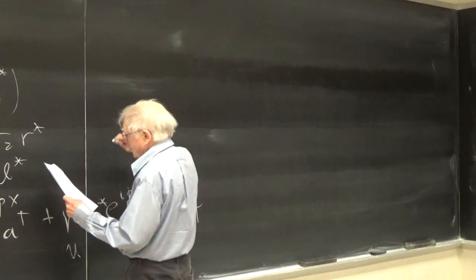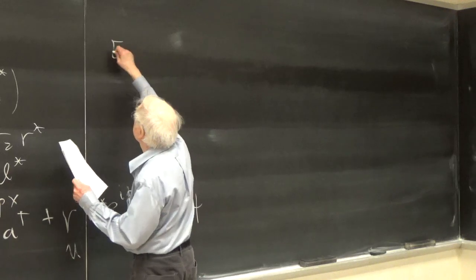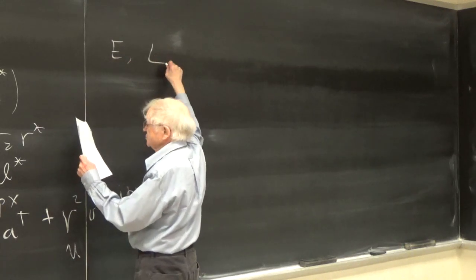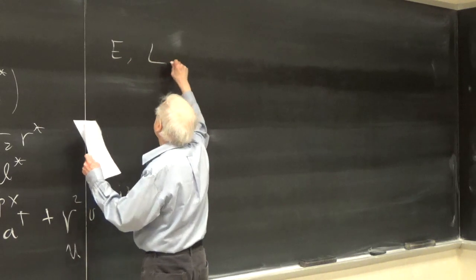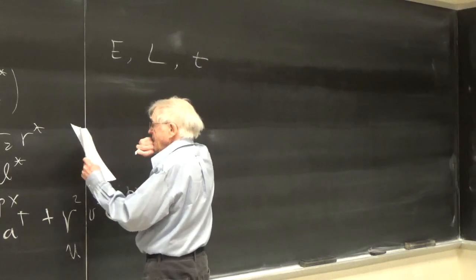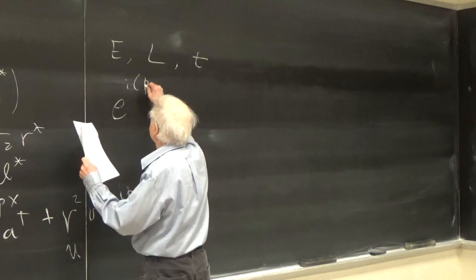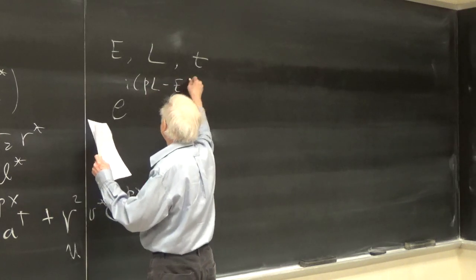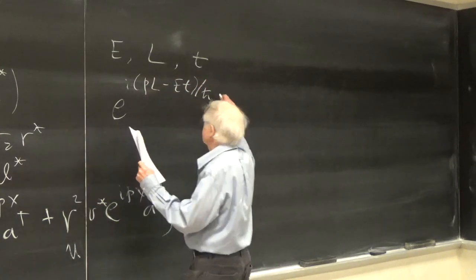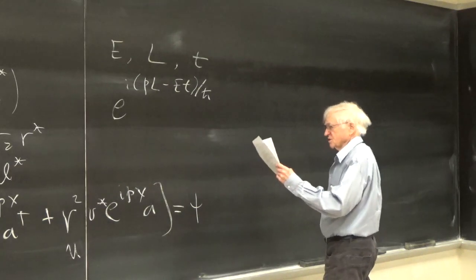And so let's suppose we have a neutrino of energy E that goes a distance L in a time t, and then the phase that it gets is e^(i(pL − Et)/ħ) if I use universal units.